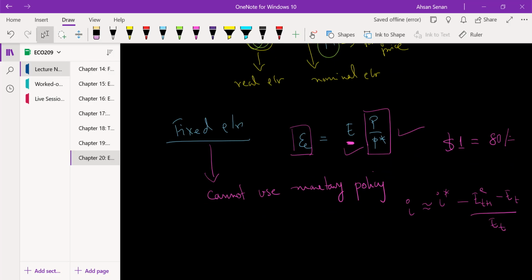Now, if we want to hold our exchange rate constant, we cannot change our interest rate either, which means that the country is effectively giving up control of its monetary policy to hold a fixed exchange rate.